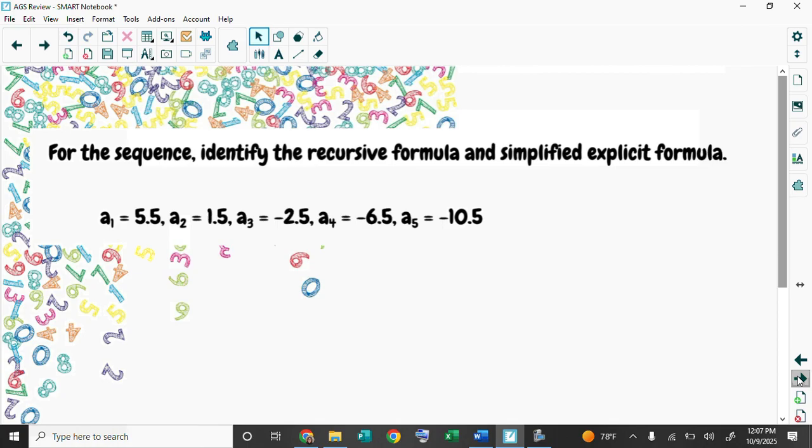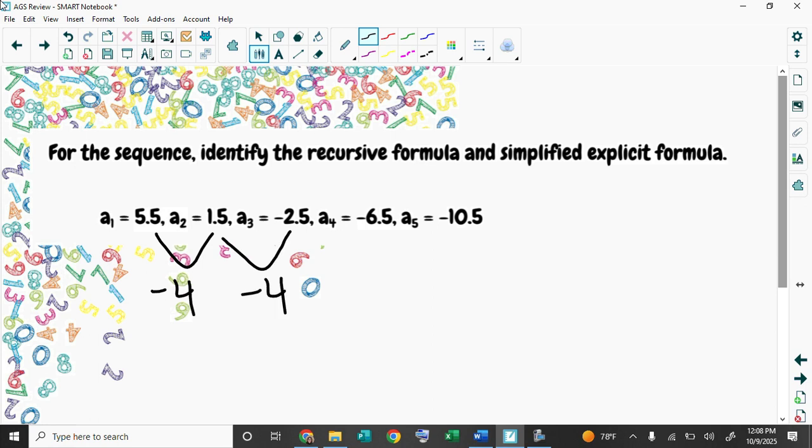All right, for the sequence, identify the recursive and simplified explicit forms. So for the recursive, first of all, we need to find the difference. Is it geometric or arithmetic? I have to subtract 4 from here to here. Oh, I subtract 4 every time.